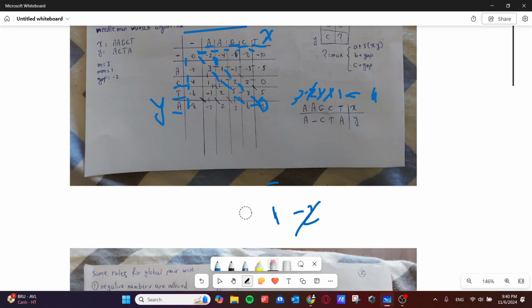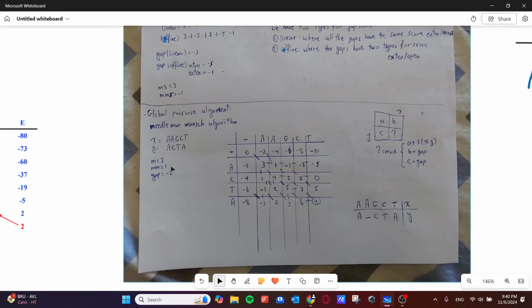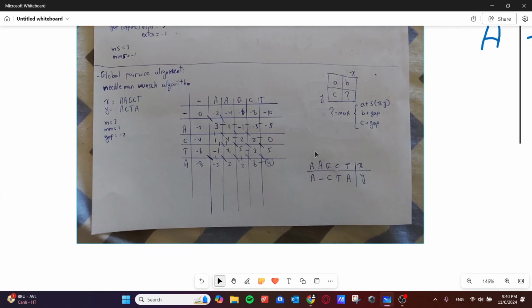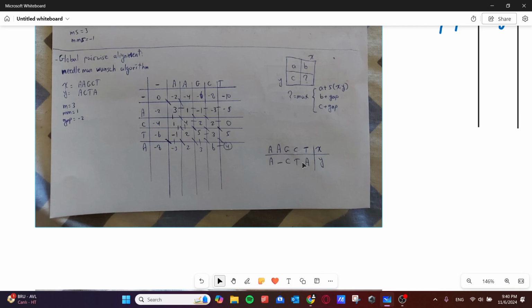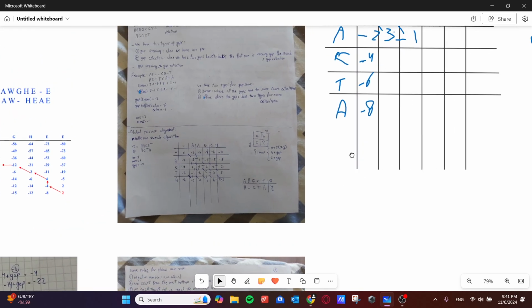So what is the question for the global alignment? The question is like, do the alignment, or the correct alignment, for these two strings, or he can give us more than one question, like fill the global pairwise alignment table, sorry, then find the alignment for x and y.